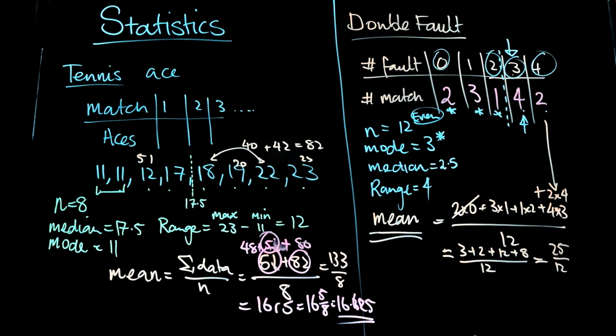And that is the mean. I'm going to leave it as a fraction because we've got roughly 2 and 1/12 here. So approximately 2 double faults per match is a way to interpret these statistics.